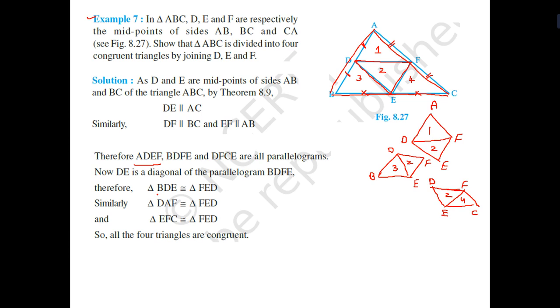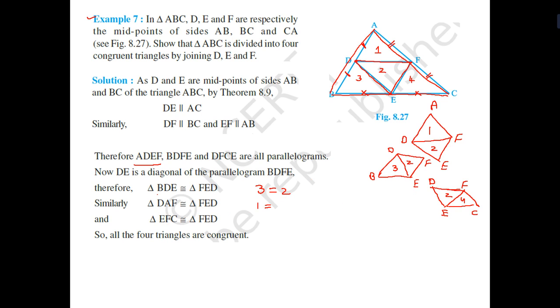So this triangle I have already drawn here. BDE. So BDE is equal to EFD. So here triangle 3 is equal to 2. Now DAF, that is 1, is equal to FED, that is 2.